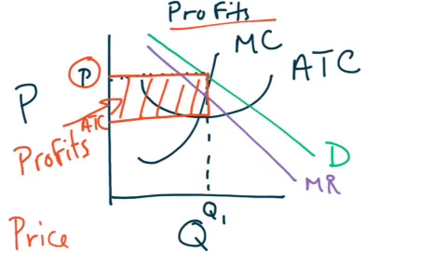Price minus ATC is the difference between the price and the average total cost per unit at that quantity. This part right here, the vertical distance, is the per unit profit, and the box that we're seeing in red is the total profit.